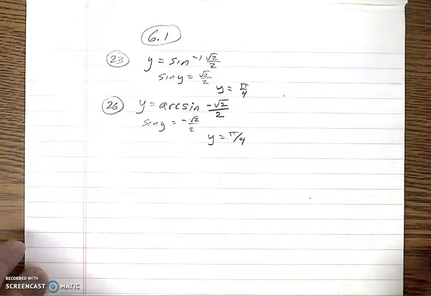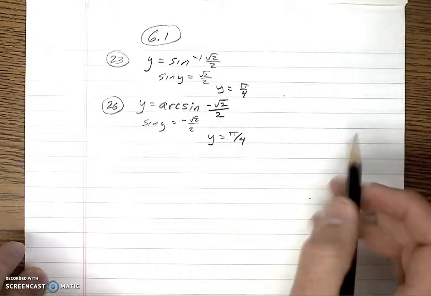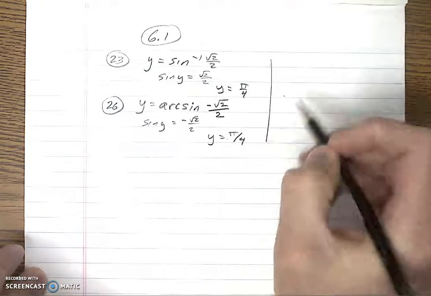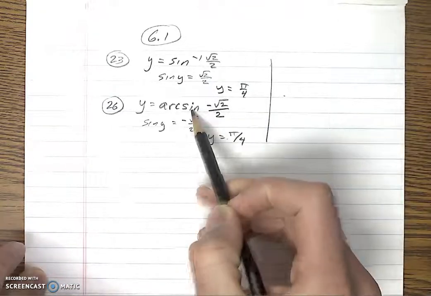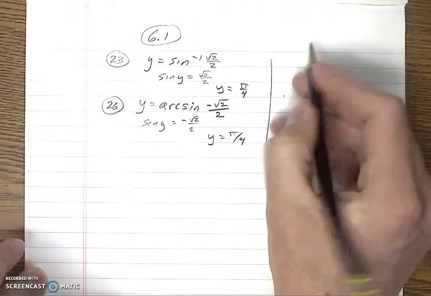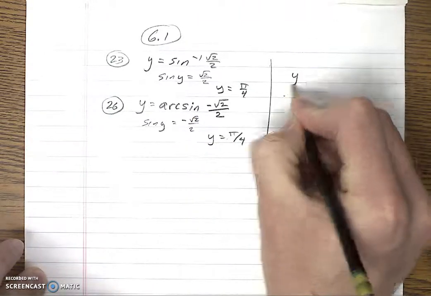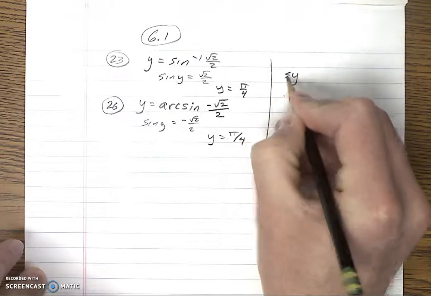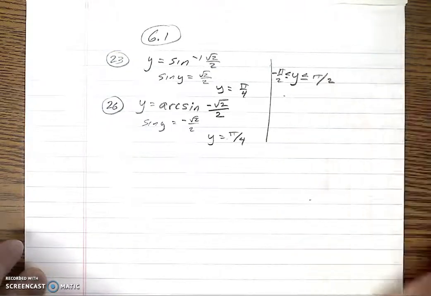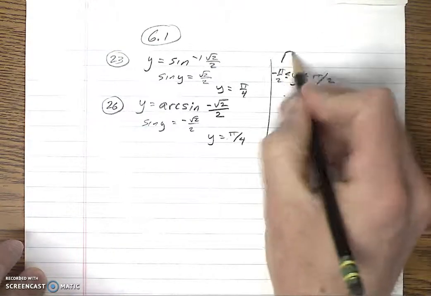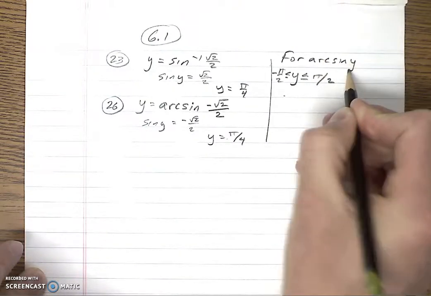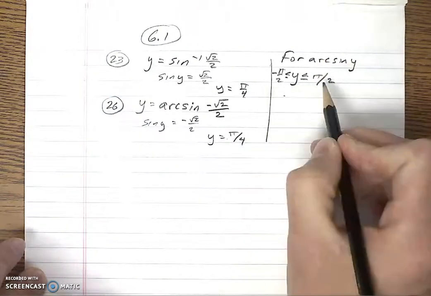And so the whole point that I'm making now is that in the notes it said that the inverse functions are only defined for sine when y is in between negative pi over 2 and pi over 2. Does that make sense? So for arc sine, y must be in this interval.